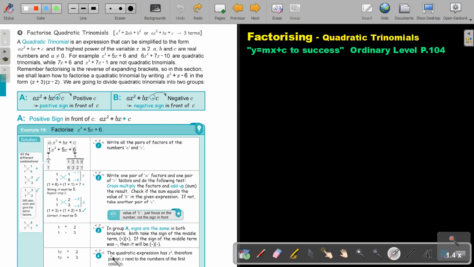Okay, so I fill it in, and then the quadratic expression has x squared. Therefore, put an x next to the number of the first column. So because there's an x squared, you put x, x. If it's b squared, then you will put b, b. If it's y squared, then you will put y, y. And then don't forget, let's just move up a little bit.